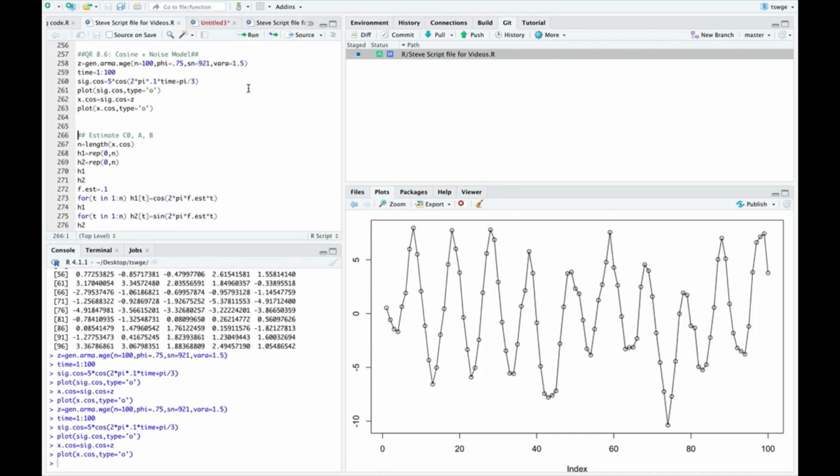It's going to look like x of t equals c naught, that's the constant term, plus A times cosine of 2 pi f t, that's the amplitude of the cosine term, plus B times sine of 2 pi f t, that's the amplitude of the sine term.